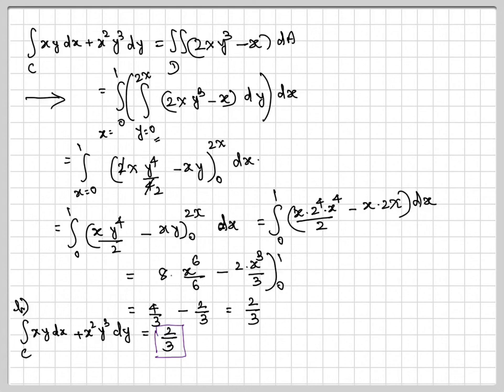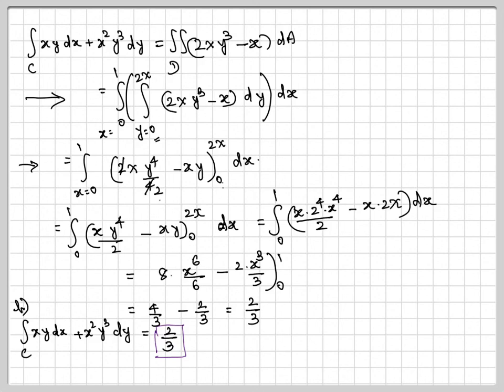Then it's the integral from 0 to 1. You first integrate with respect to y. That would be 2xy to the power 4 over 4 minus xy between the limits 0 and 2x, dx. Then it is the integral from 0 to 1 of xy to the power 4 over 2 minus xy between 0 and 2x.